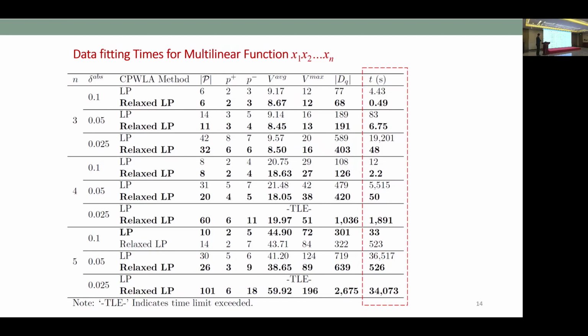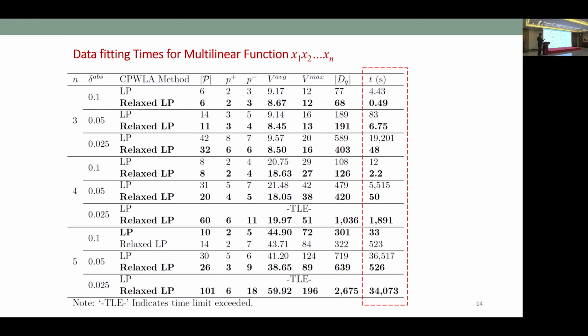We can ignore the numbers in the middle because they're not relevant to the focus of this talk. Basically, the LP method is not as good as the relaxed LP method, except in one situation, which is probably here. Most of the time, the relaxed approach wins.